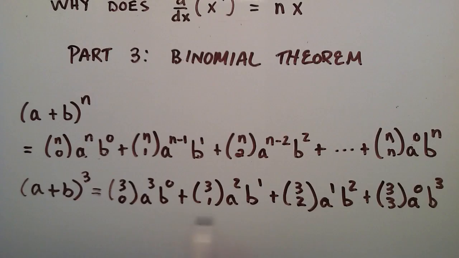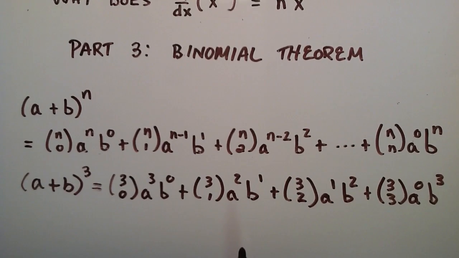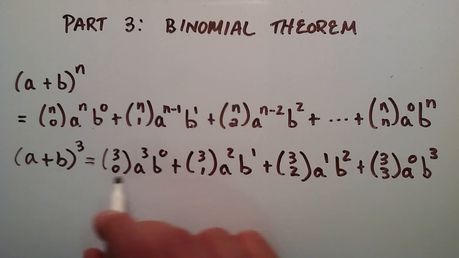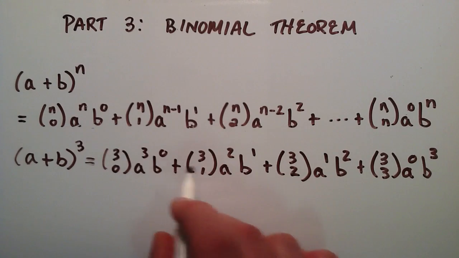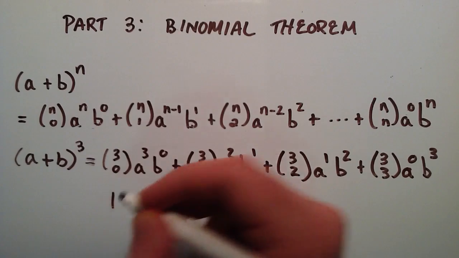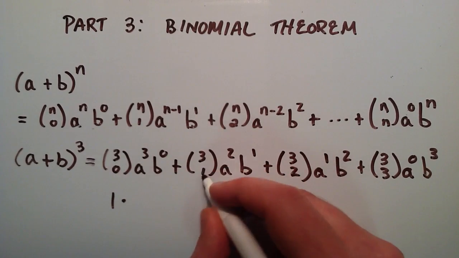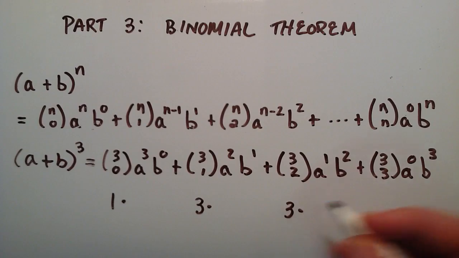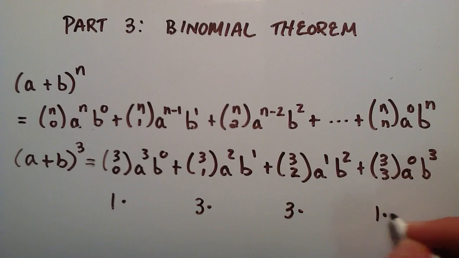Now let's simplify this. From part 2 I explained how to calculate the combinations. If you calculate the combinations here, you would find that 3 choose 0 is equal to 1, 3 choose 1 is equal to 3, 3 choose 2 is equal to 3, and 3 choose 3 is equal to 1.